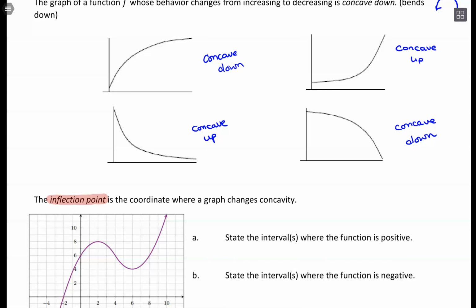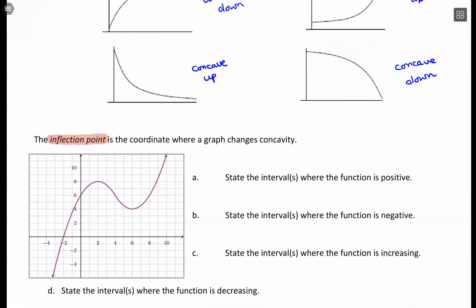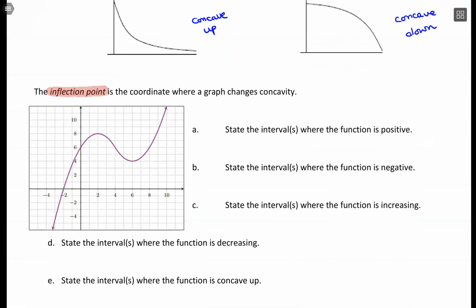So let's see how all of this applies to this graph here. We'll also talk about some other aspects of graphs. So just seeing where a function is positive versus negative. So what we're looking for here is where are the function outputs more than 0 and where are the function outputs less than 0.